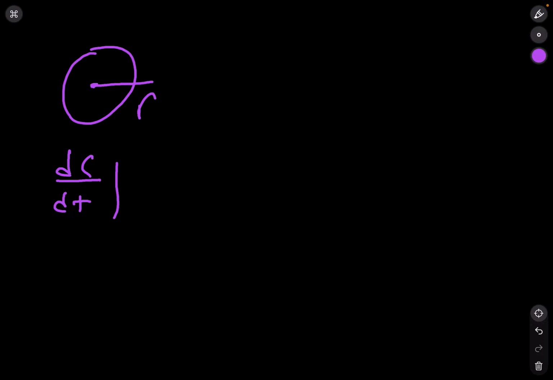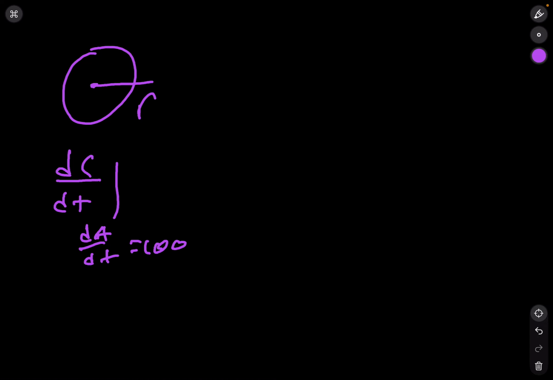Say you had a circle, like I said in the beginning. This is the radius, right? And you want to find the change of the circumference when the area is increasing by 100.